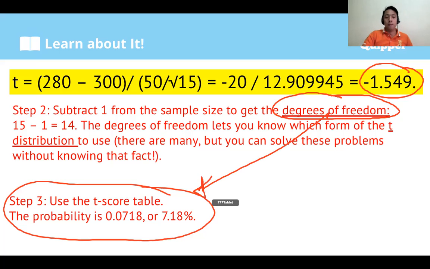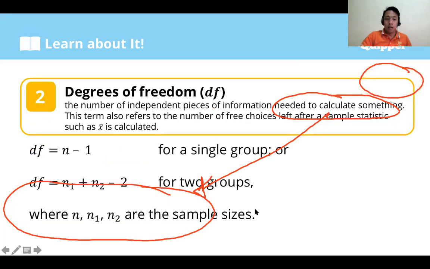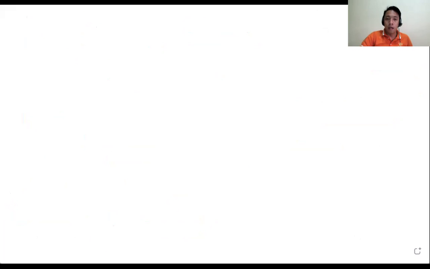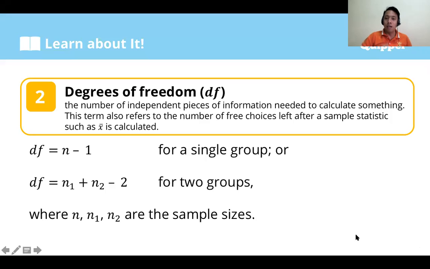So, skip ko muna itong part na to, that we will proceed to the degrees of freedom. It's because we need to learn this one first before we go to this last part. Okay. Now, so this is now what we call degrees of freedom. Okay. So step 2.